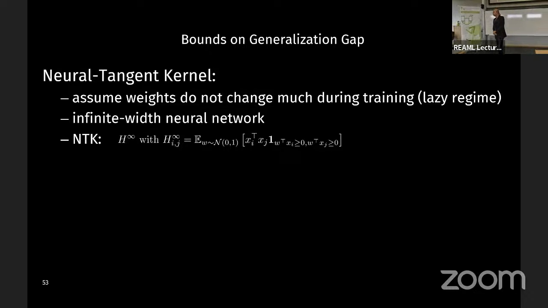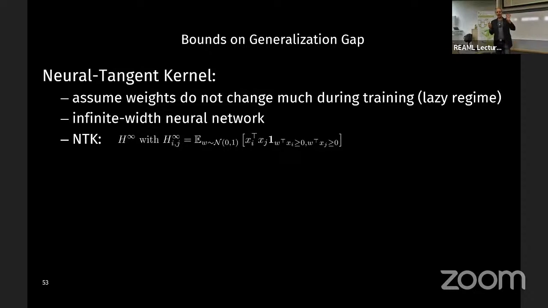They usually assume that you have an infinite width neural network, which is a little bit impractical, but they also have results on finite width, and it works in practice. So this neural tangent kernel is defined as matrix H infinity. It's basically a Gram matrix over your data, but it has this random component. At least that's one way to look at it.